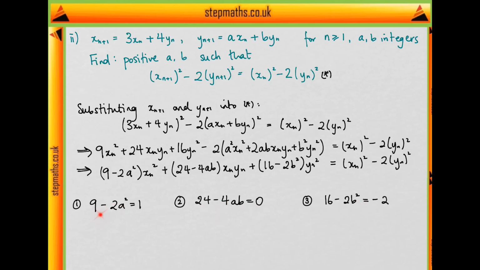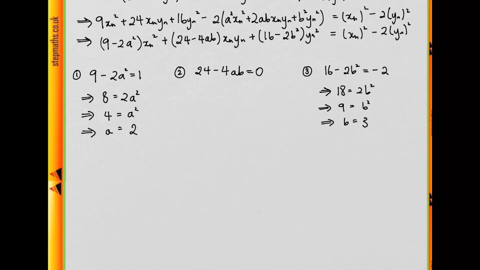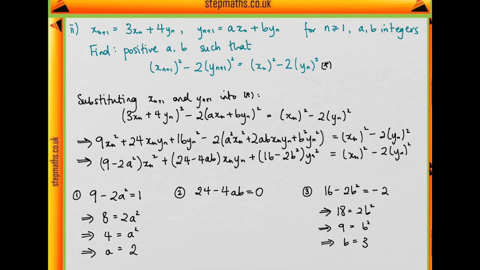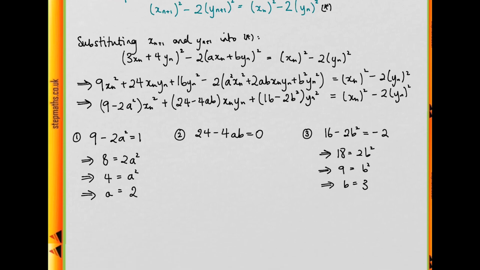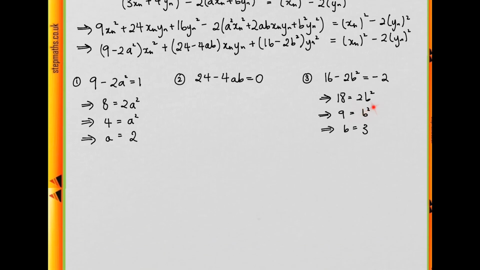So for example, I can solve 1 and 3 to find a and b and check to see that it works with 2. So if we used 1 and 3 to solve for a and b, we get a squared equals 4, and then taking square roots, a is equal to 2. Because remember, a and b have to be positive, and similarly we get b equal to 3.